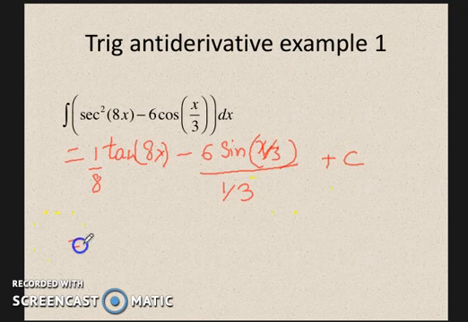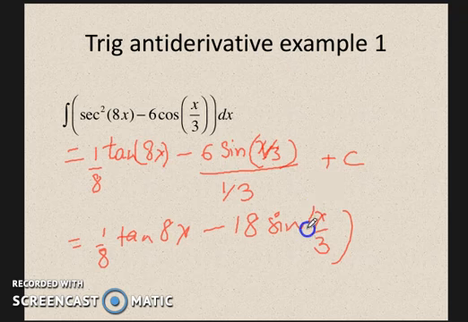So this gives you 1 over 8 tangent 8x minus 18 sine of x over 3 plus c. So that's the antiderivative of the given function.